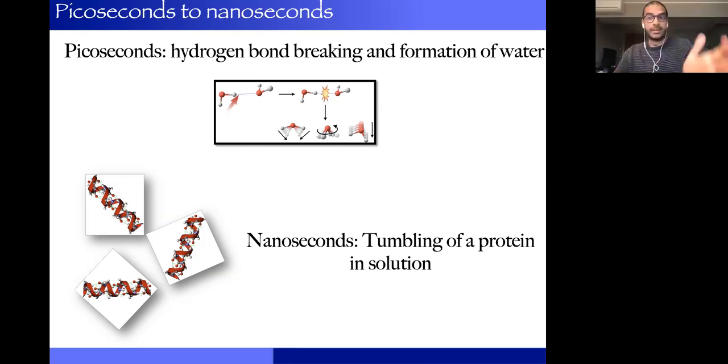Heat capacity is less controlled by that when you're in the classical limit. So at high temperatures, you don't need to worry so much about the bond vibrations.